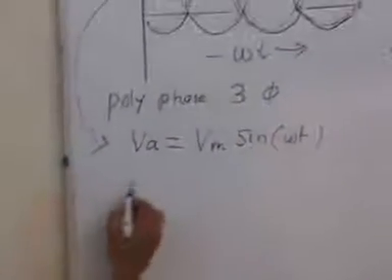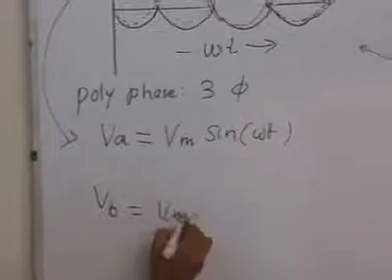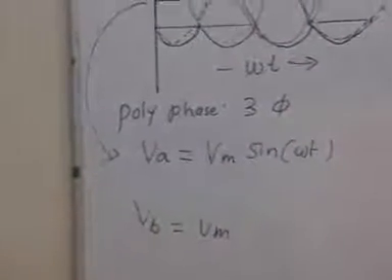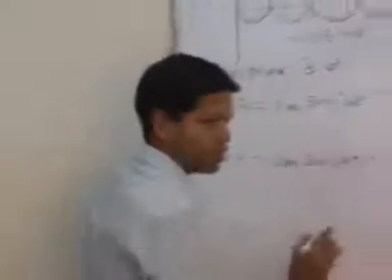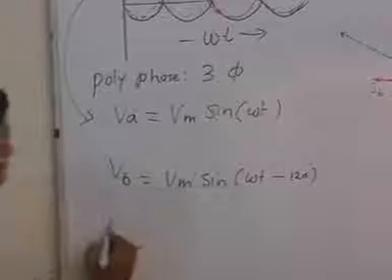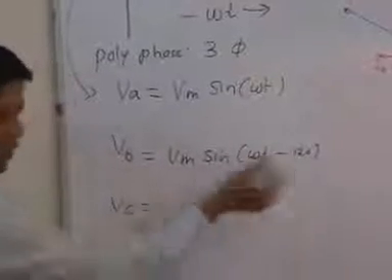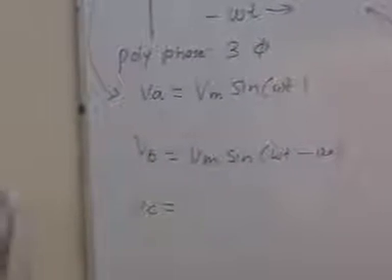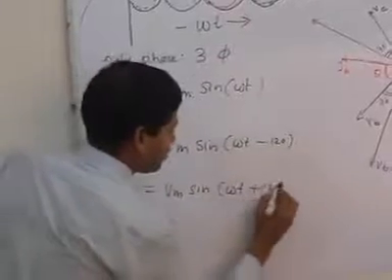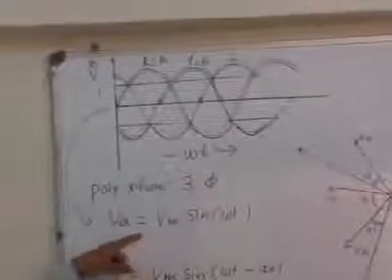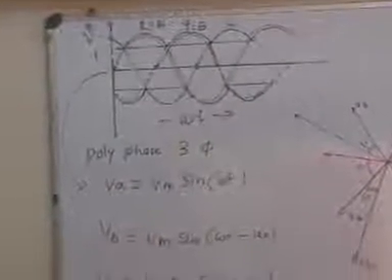VB will be 120 degrees after VA, that is Vm sine of omega t minus 120. And VC will be again 120 degrees after this, that is minus 240, or you can say plus 120, so Vm sine of omega t plus 120. This is the waveform with respect to time. These are the three instantaneous values of voltages.